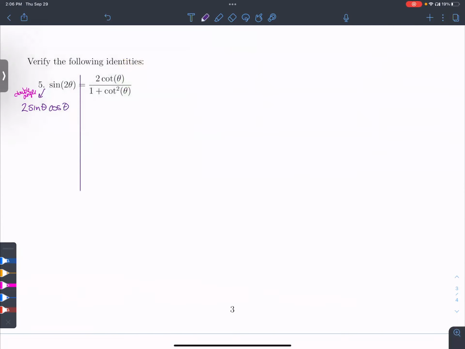On the other side, I am going to see if I can do something with this. I think if that looks like a Pythagorean identity, so I'm going to check. Cosine squared theta plus sine squared theta is 1. And so if I divide everything by, I want cotangent, so I divide everything by sine.